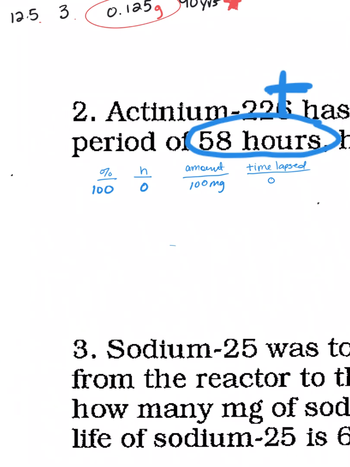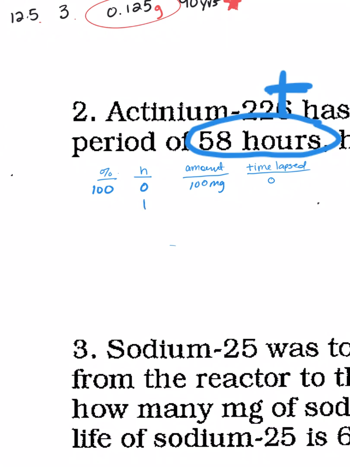All right, so when I plug those into my table, I'm going to see this. So I start out with 100%. Nothing has halved. I have 100 milligrams in the beginning, and there's no time that's lapsed. So at the very beginning, before you start anything, that's exactly what you're going to see, okay? And then let's go ahead and go 1 half-life. Let's half it one time.